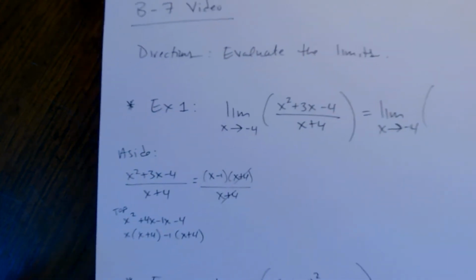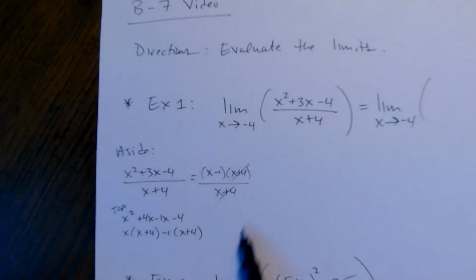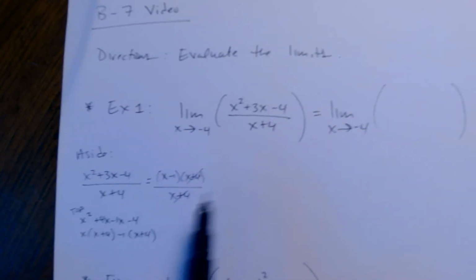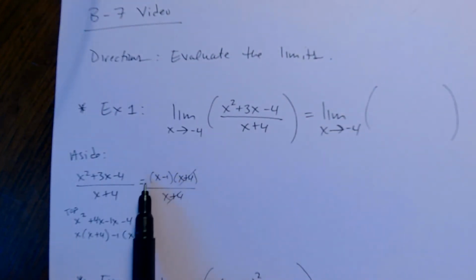So after you've gone off to the side and you try to get the denominator to cancel, or you try to get whatever factor was causing the problem, so whatever factor was making the denominator 0, if you can get that to cancel, afterwards you go back up into the limit. So this is actually x minus 1.